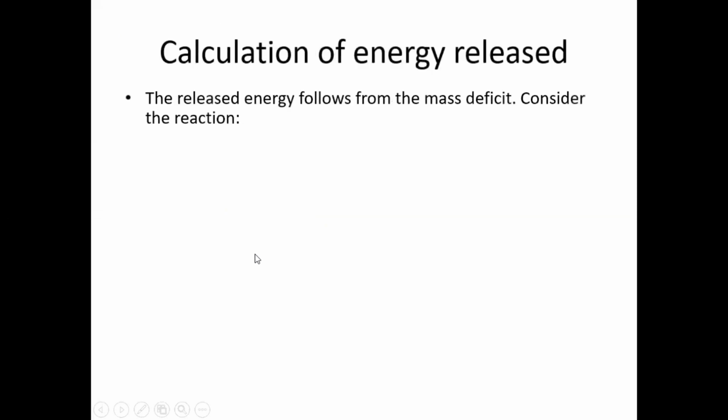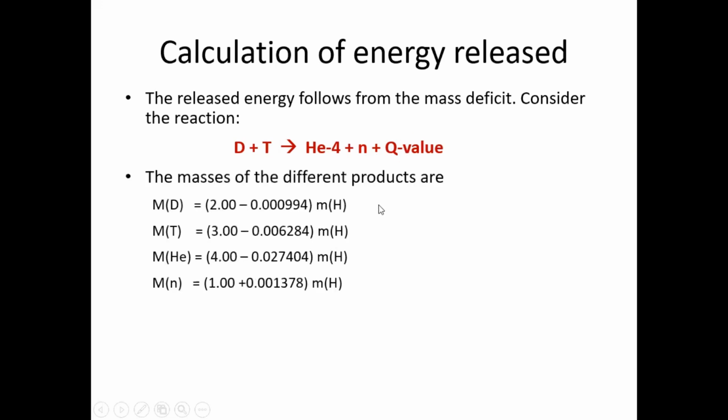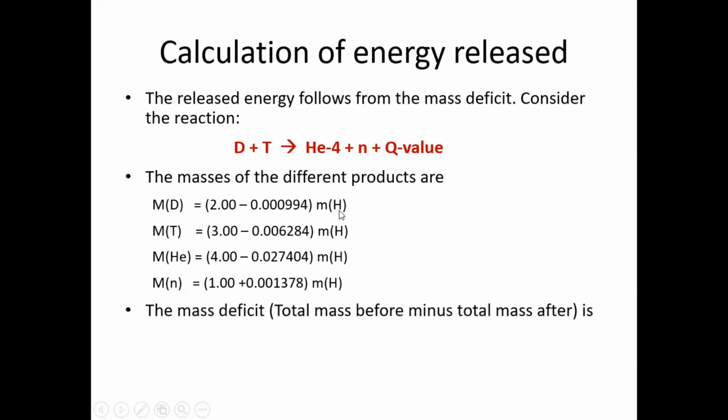Let's find out the energy released in a typical fusion reaction. Let us consider D and T, where helium-4 is produced and a neutron is produced, and the Q value of the reaction is released. Let's find the mass difference. The masses of the deuterium, tritium, helium, and neutron, with the charges, are written, and expressed with the help of the mass of hydrogen.